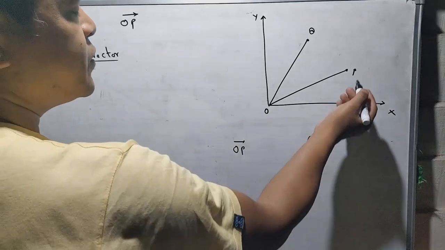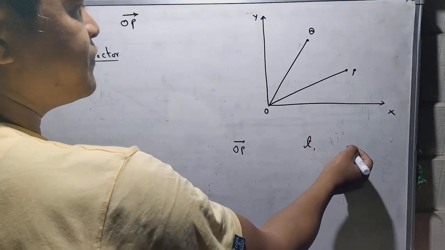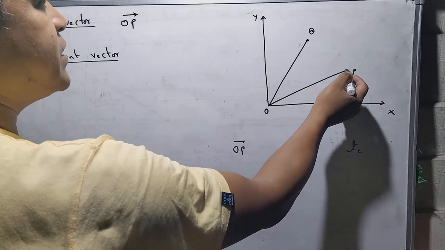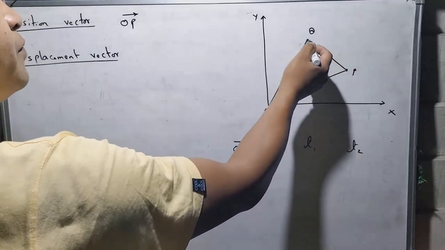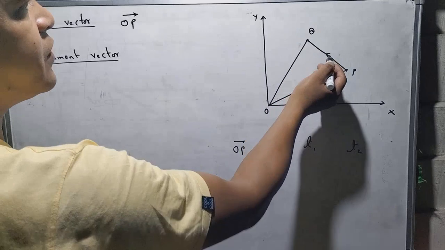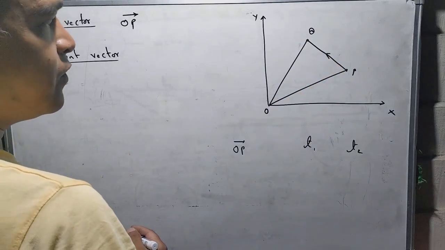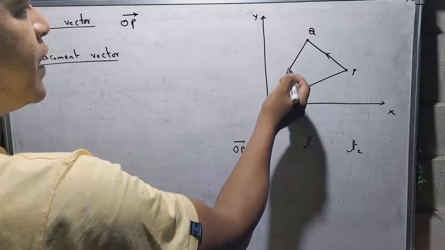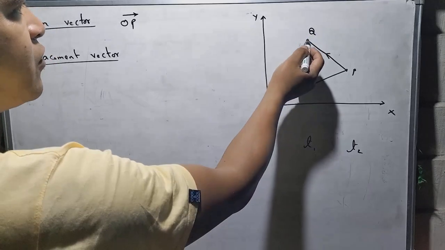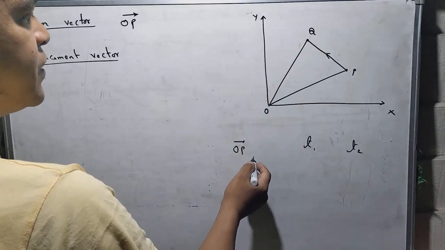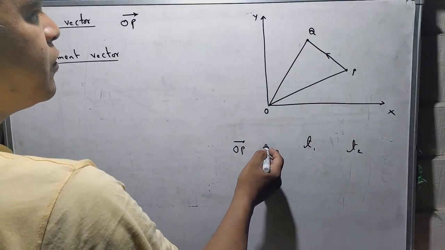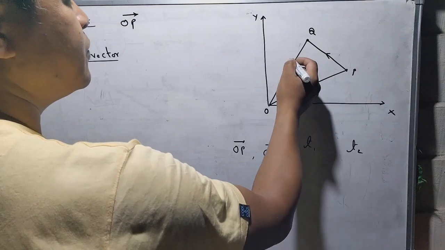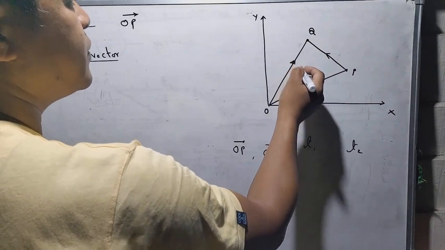Suppose after a time t2, the object has shifted its position from P to Q. That means it changed its position. When the object is at this point Q, the position vector of this point Q with respect to the origin is written as OQ arrow.